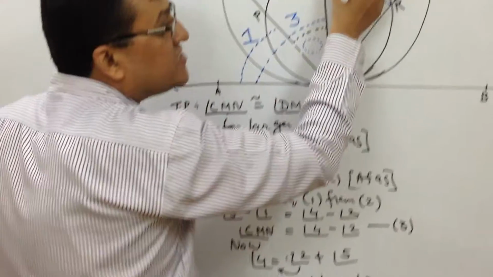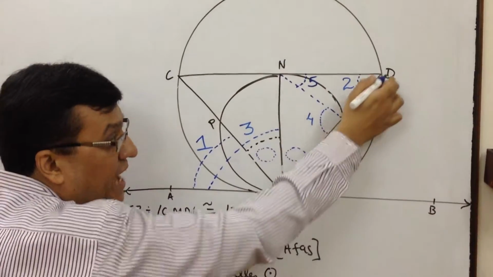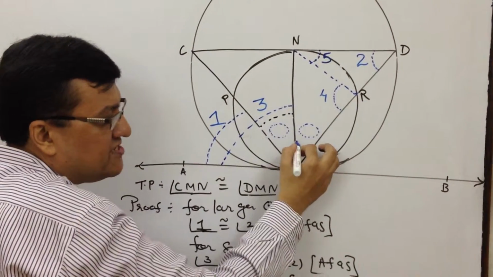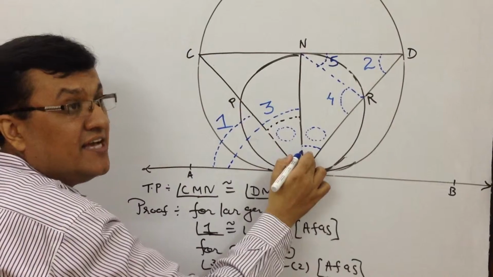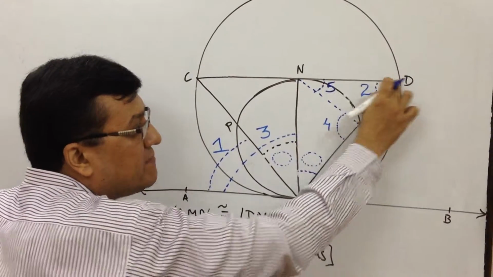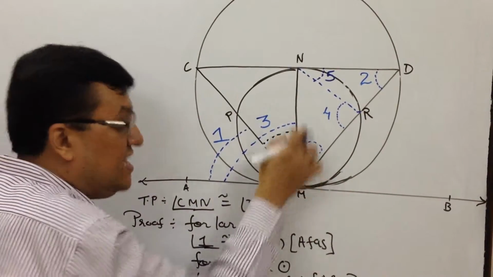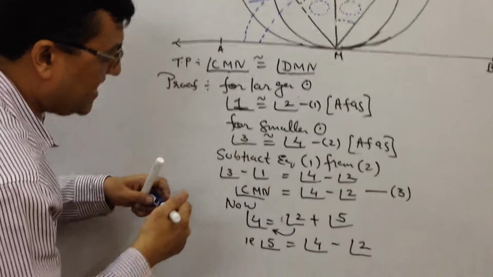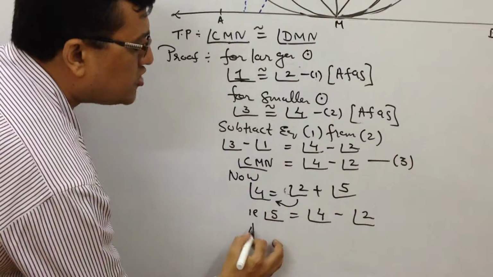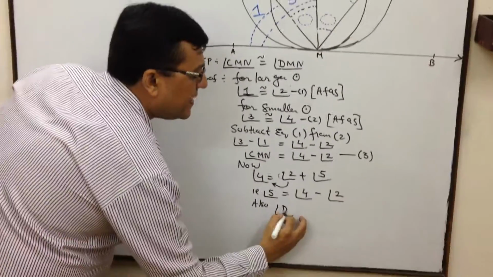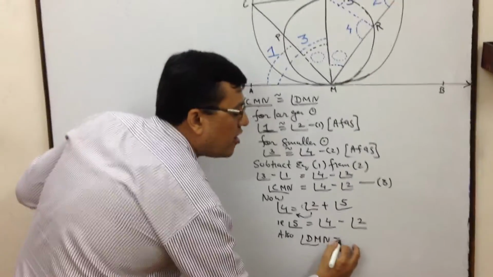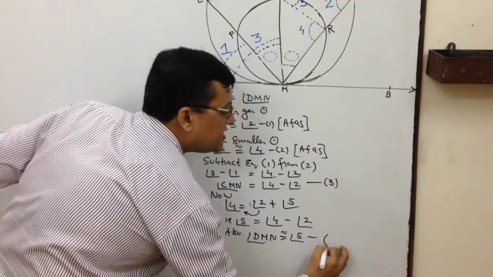If you look at angle 5 and at DMN, which is this angle, just pay attention: this becomes the tangent secant angle, and this becomes the inscribed angle. So now I can say also that angle DMN is congruent to angle 5. What is the reason behind it?